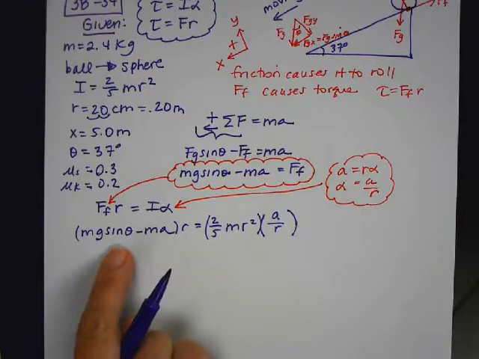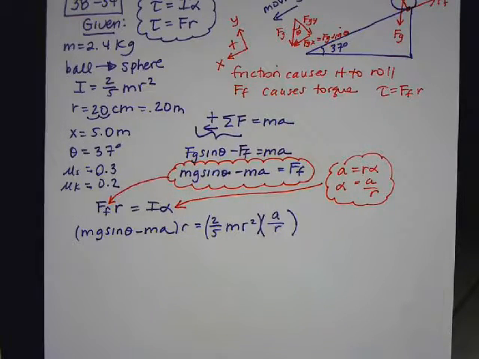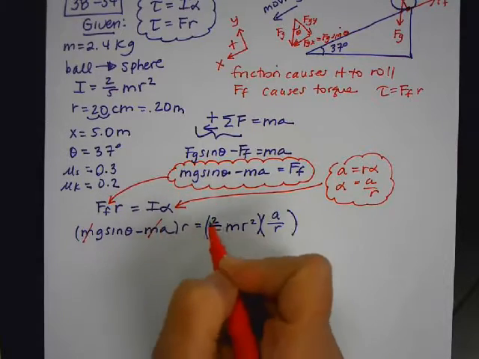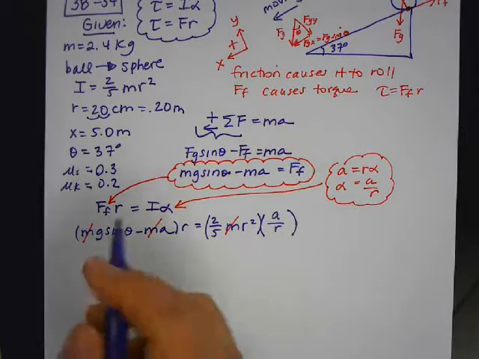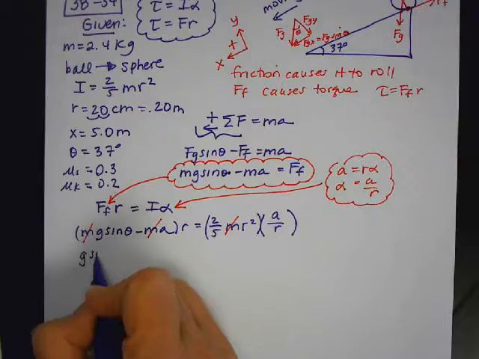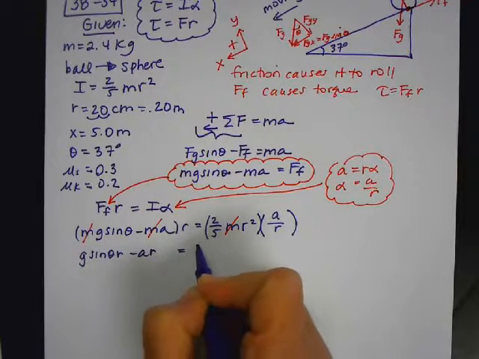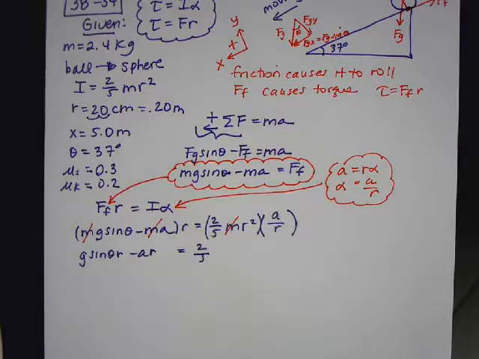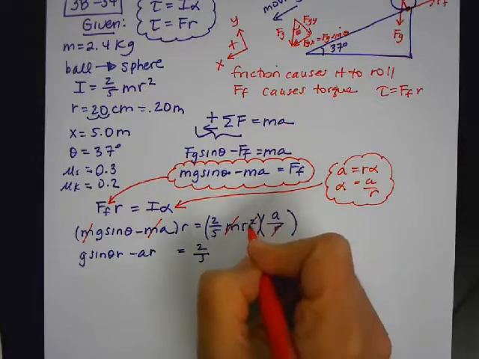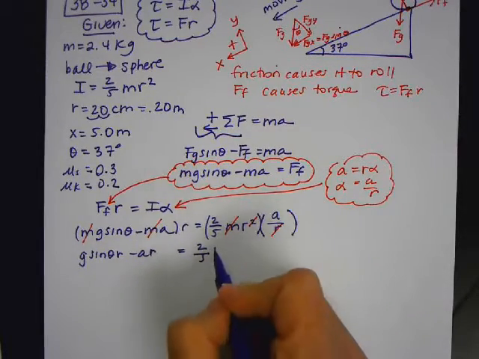So now when I simplify this, first of all, I can cancel the m's. So now I'm going to have g sine of theta r minus ar is equal to 2/5. And what I'll do is I'm going to cancel this with that. So I'll have 2/5 RA.